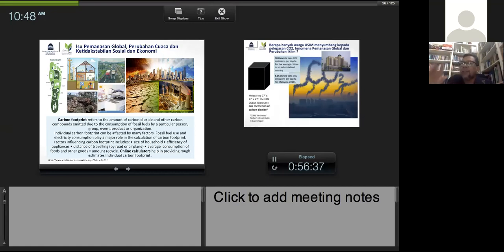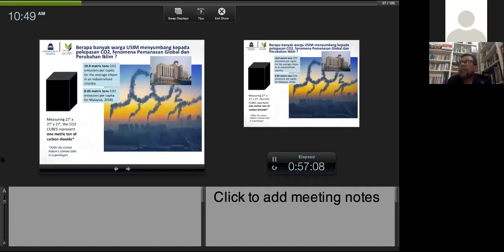I myself contribute 1 metric ton per month, meaning 12 metric tons per year, because of my traveling, what I eat, what I wear, and things like that. So every one of us, even you, I can calculate your carbon footprint, based on our behavior, based on our daily lifestyle. Okay, just to make it easier for us to understand, what is carbon CO2 emission?